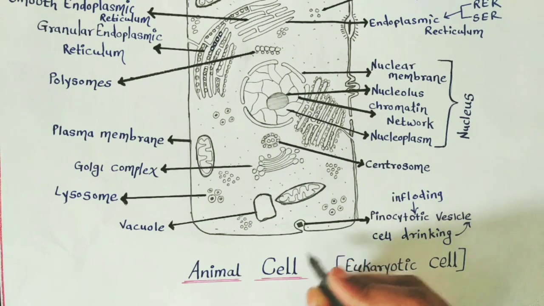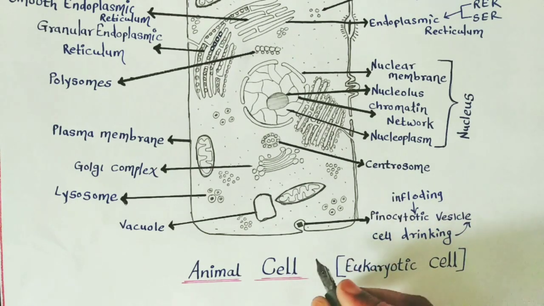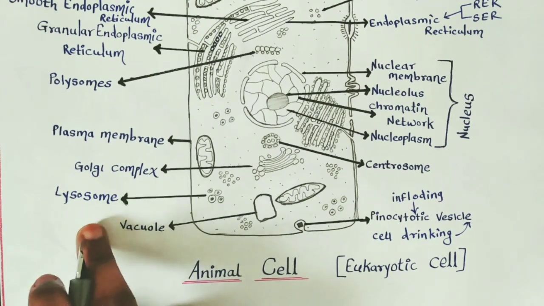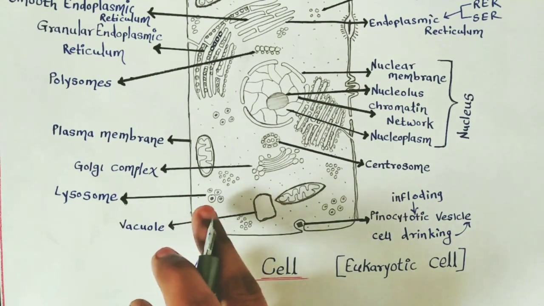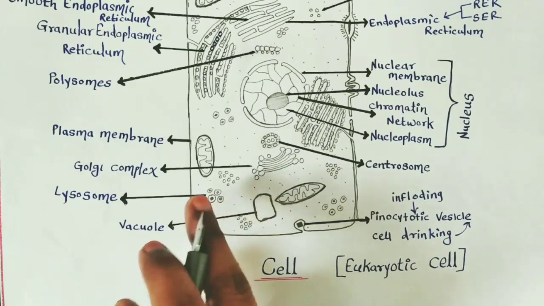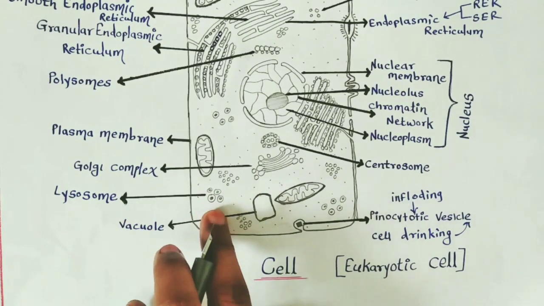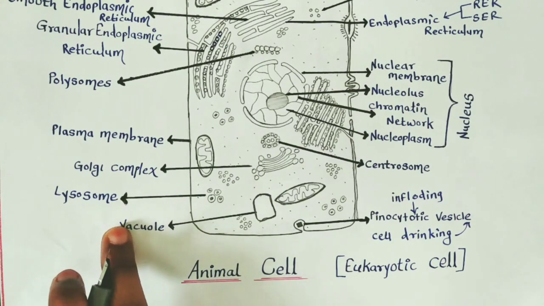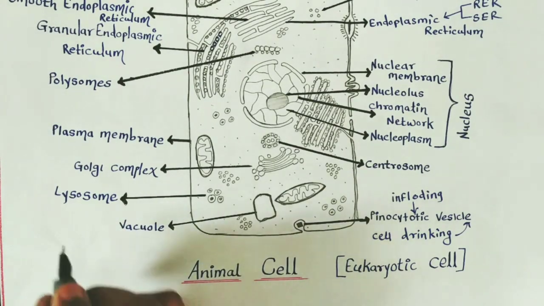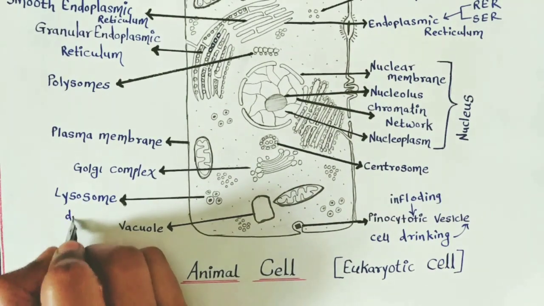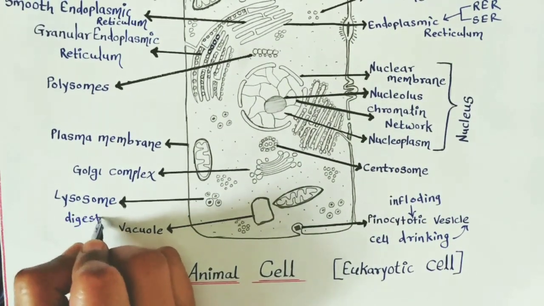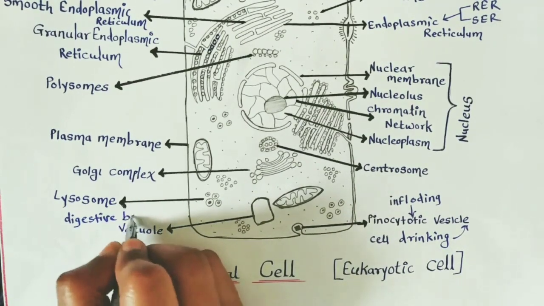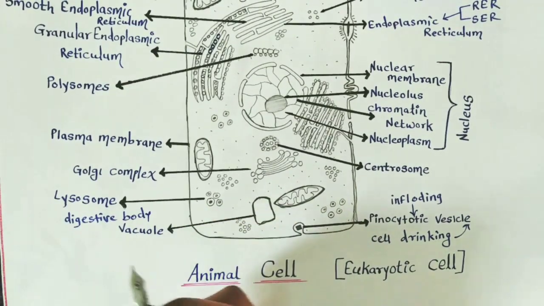So the next point is the lysosomes. Lysosomes are dense bodies made of a single unit membrane enclosing various hydrolytic enzymes. Lysosomes are polymorphic in nature. The word lysosome has been derived from two words: lyso means digestive and soma means body.